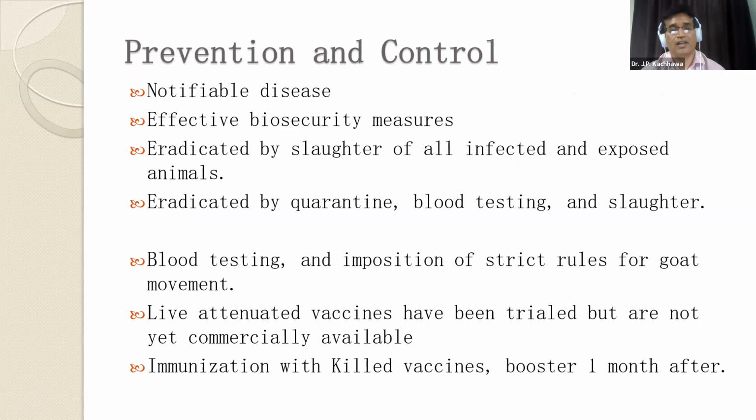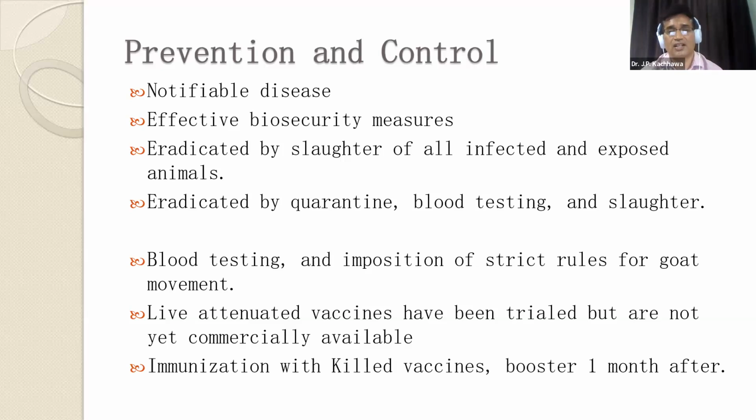If anybody notices this disease, he must report it to the higher authorities. By that means, the higher authorities can make a proper strategy to contain this disease in a particular area, and they can succeed in prevention and control.